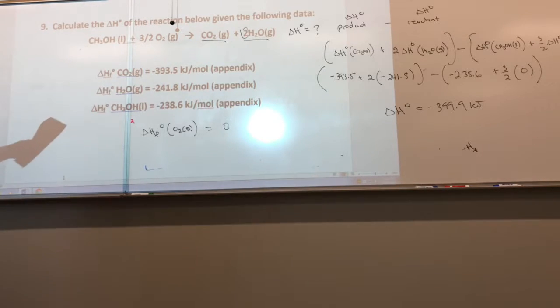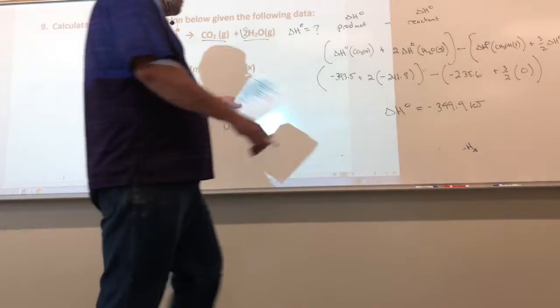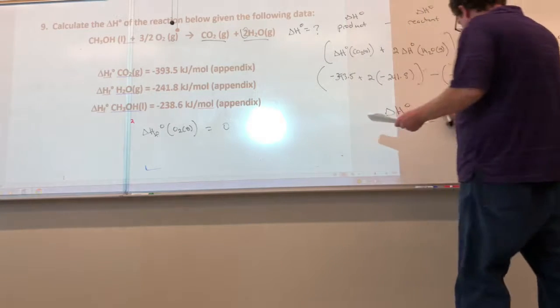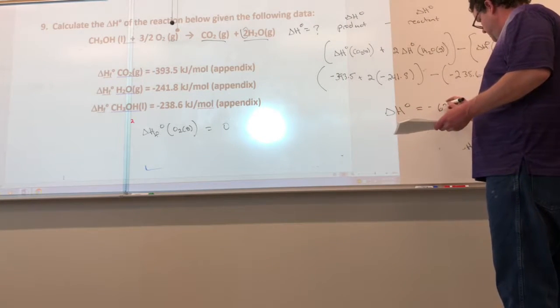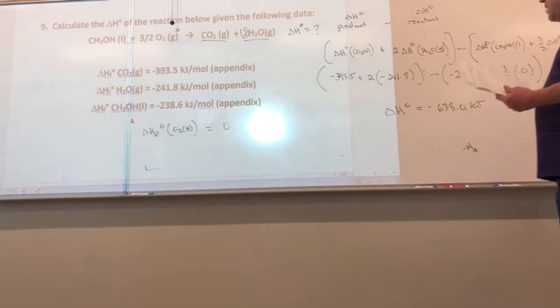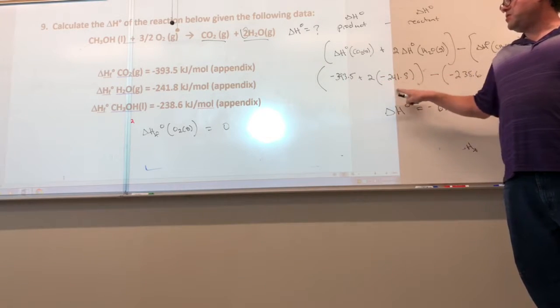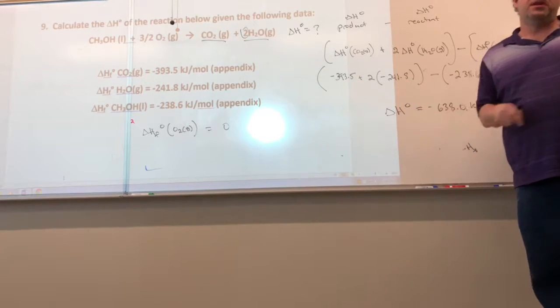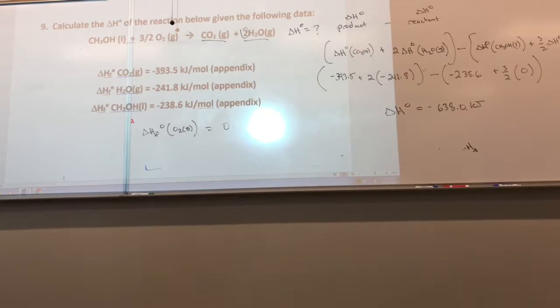Okay, that is not what I got. I got negative 638. That's what I got. And I think maybe you didn't multiply this by 2, and you added those two numbers together. Okay?